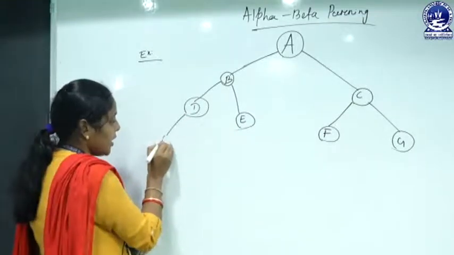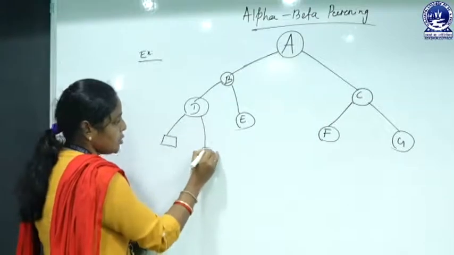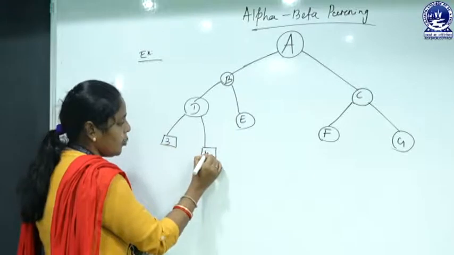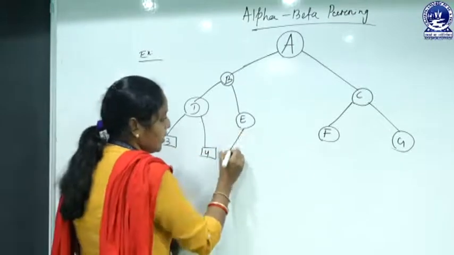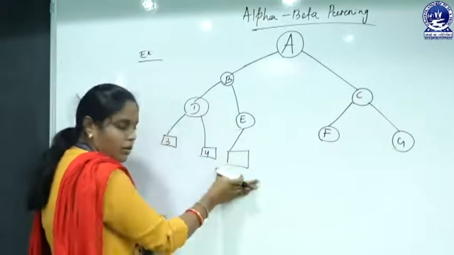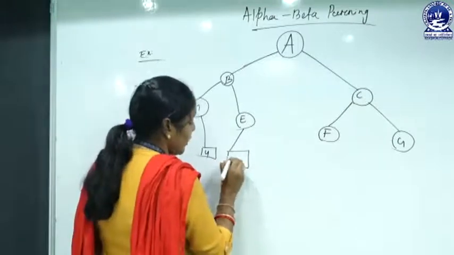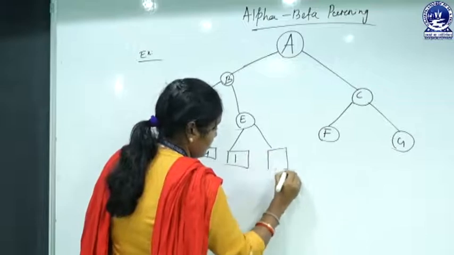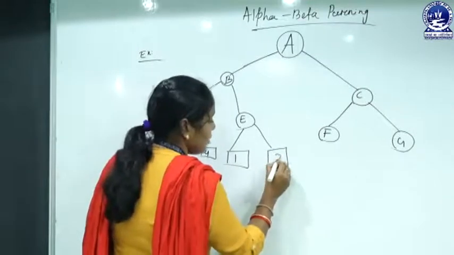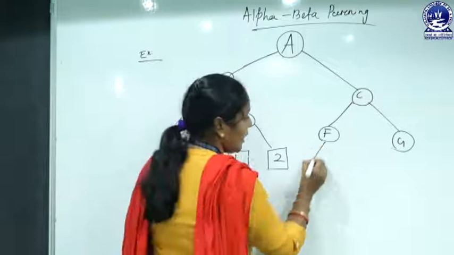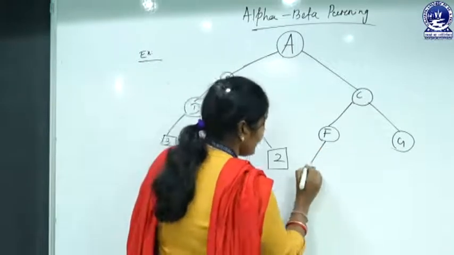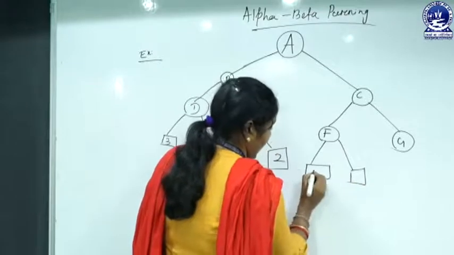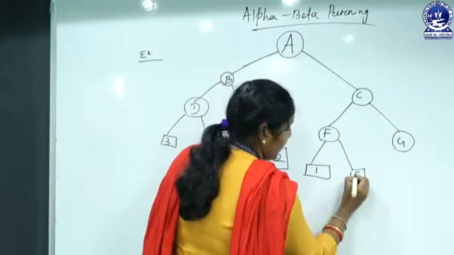Suppose D has two terminal nodes which have values 3 and 4. E has two terminals which have values 1 and 2. F has two terminals and the values are 1 and 9.